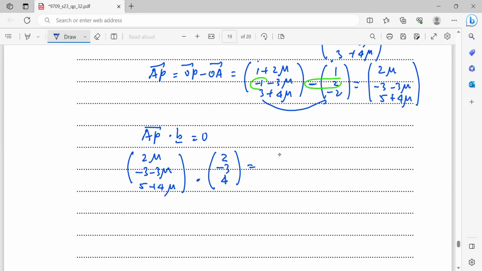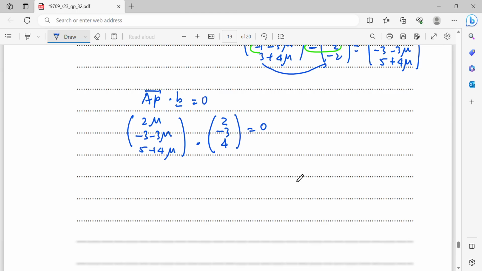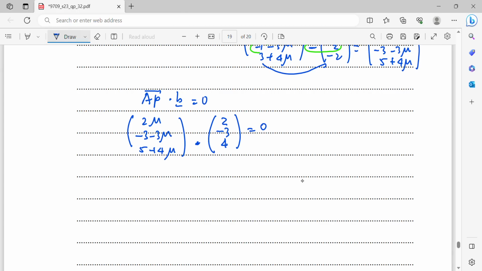That equals to 0. For the dot product, you just multiply the corresponding components and then you add. Then now here I will get 2 mu times 2, plus negative 3 minus 3 mu times negative 3, plus 5 plus 4 mu multiplied with 4 equals to 0.